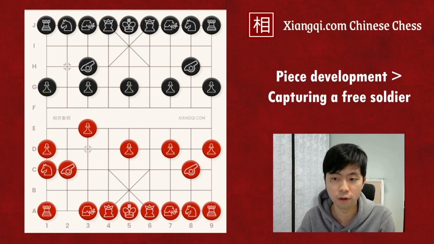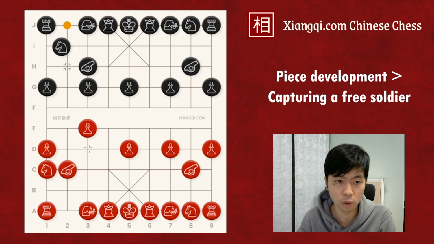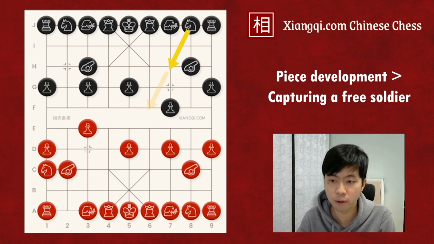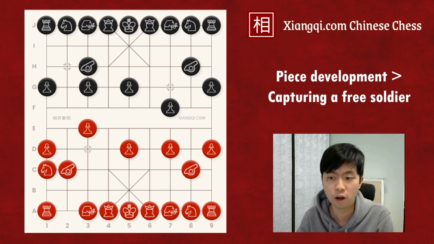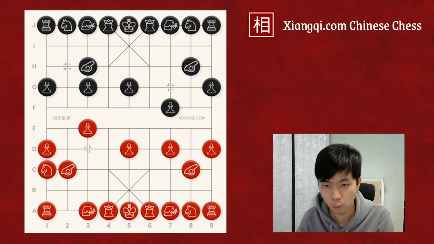This could involve developing the horse, another cannon, or even moving up the g7 soldier to prepare for the j8 horse's future development. It is important to avoid making the mistake of capturing a free soldier when a better use of the move, usually the development of strong pieces, is available.